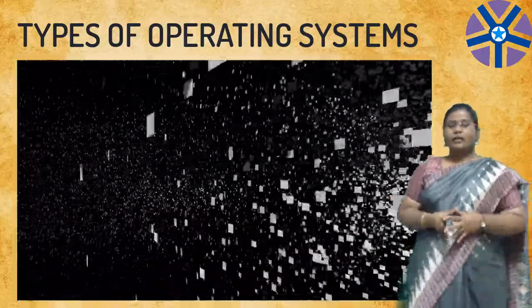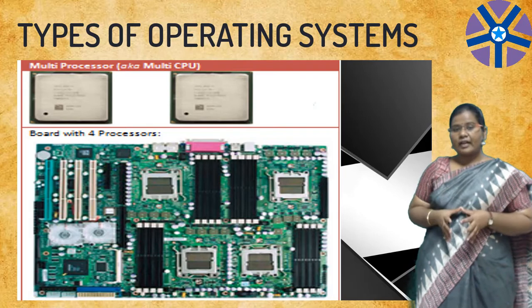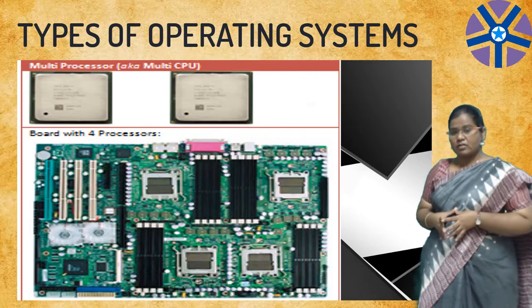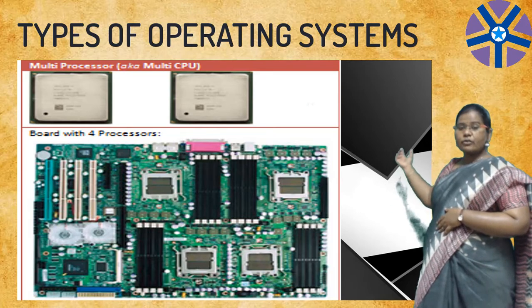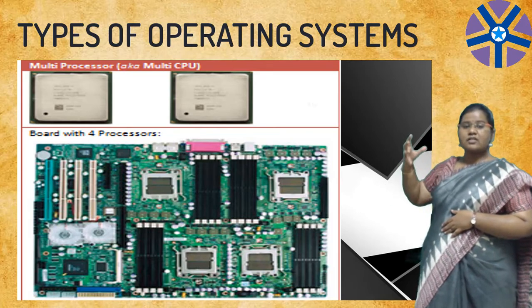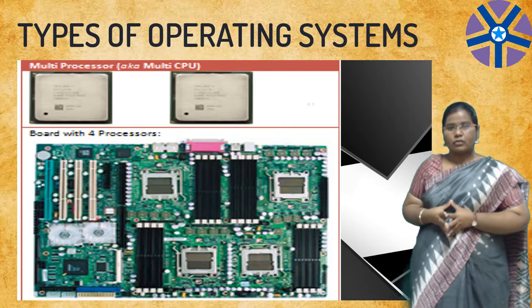So now let us see the motherboard layout consisting of four processors. You can see the four silver slots here, which are used to insert four processors. I think you have already heard about dual and quad core processors.